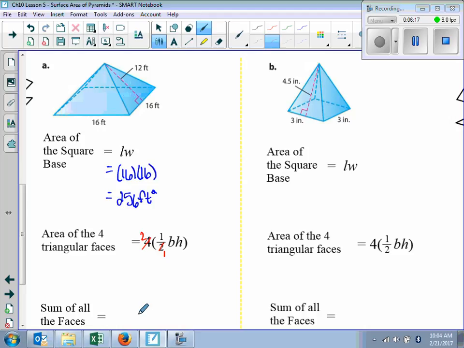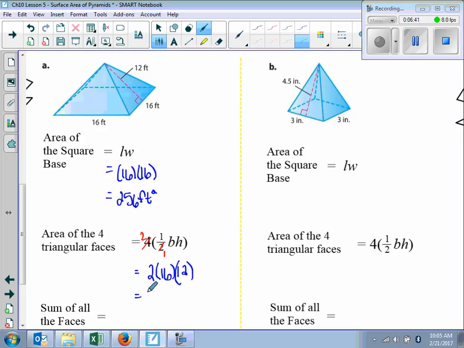I can simplify that immediately, right? So now I can substitute in what I know. So I've got 2 times the base, which is 16, times the height of that lateral face, which is 12. Very good. Times 12.